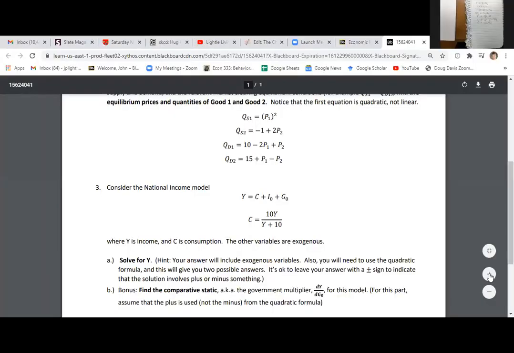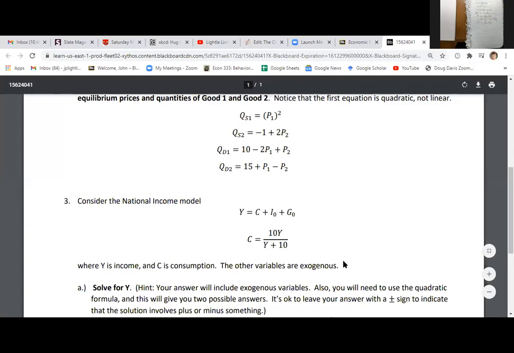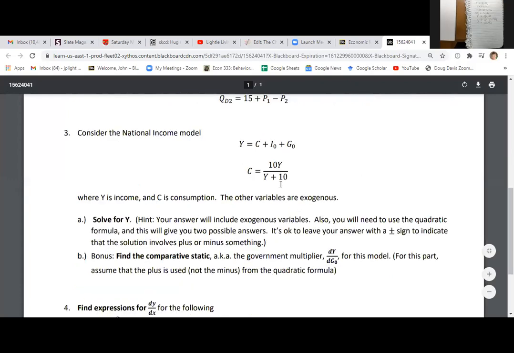Okay, here's the homework. I think I can zoom in. Okay, so here's the problem. It's different now, don't you see? Because there's a y in the denominator, it's not going to be linear.